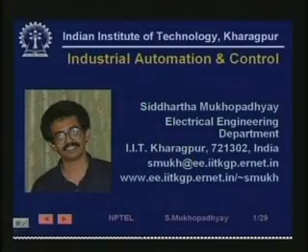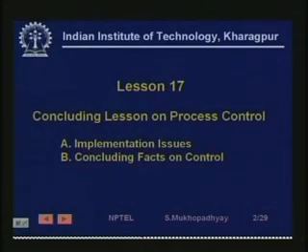Welcome to lecture number 17, which is the concluding lesson on process control of this course on industrial automation. In this concluding lesson, we shall look at two things. We have seen the PID algorithm, we have seen several control structures.